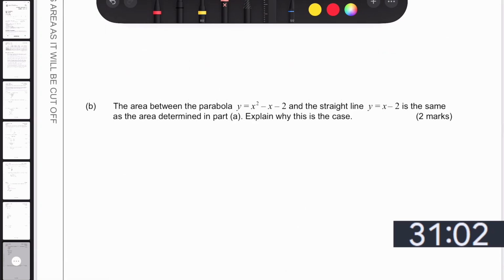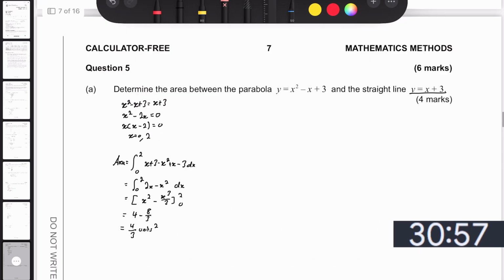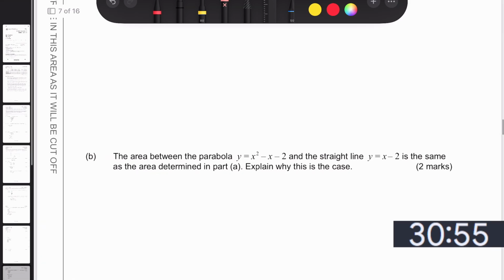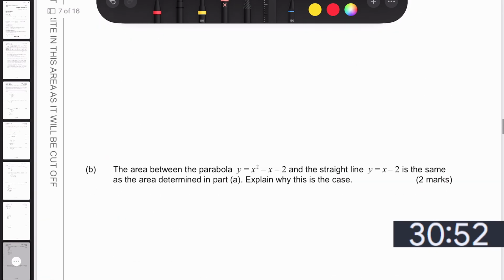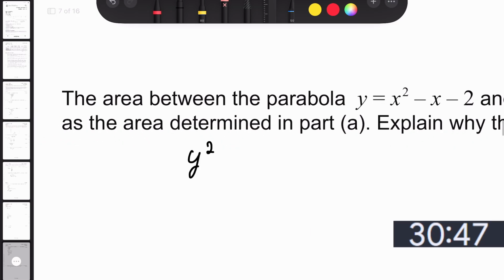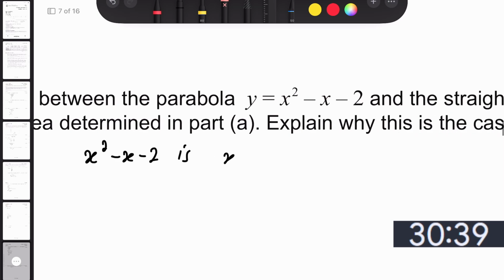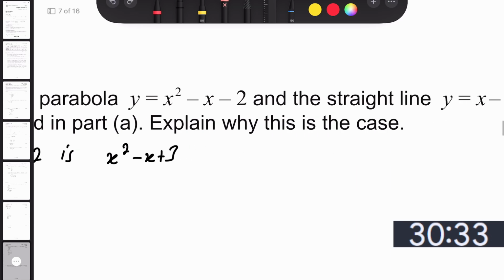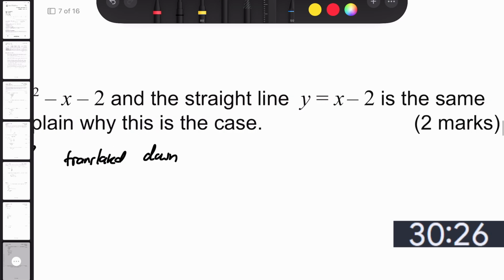The area between that and that is the same as determined in part A. Explain why this is the case. We can see that it just simply moved the parabola and the straight line down. So x minus 2 is x squared minus x plus 3 translated down 2 units. No, sorry, translated down 5 units.